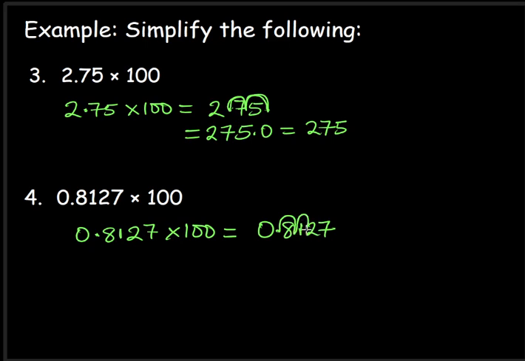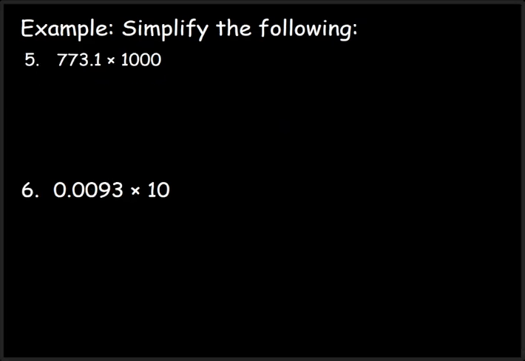So this is where our point is now. Remember what we are actually doing is we are shifting the decimal point. So that will give us 81.27.